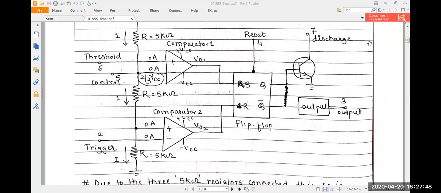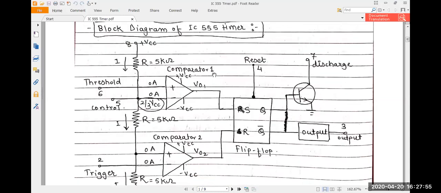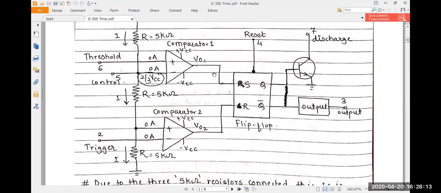So if there is this current I which is coming from the supply, then the same current I will flow in the 5 kilo ohm resistor between the two comparators, and the same I will flow to the resistor at the lower part, below comparator 2.